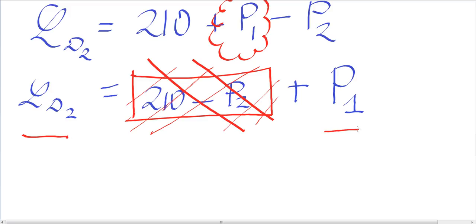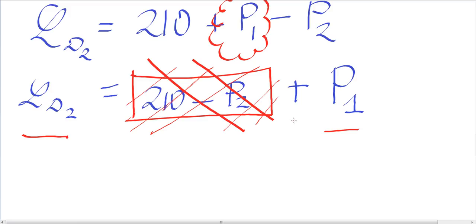Now, as we see, it's the same idea. If P1 grows, if it gets bigger, all I'm doing is adding on P1 all the time. And again, it's just about that sign, the plus. So the Q gets bigger and bigger.